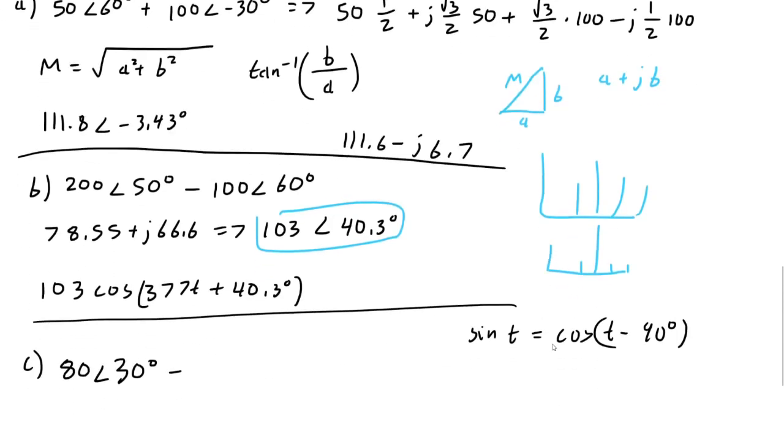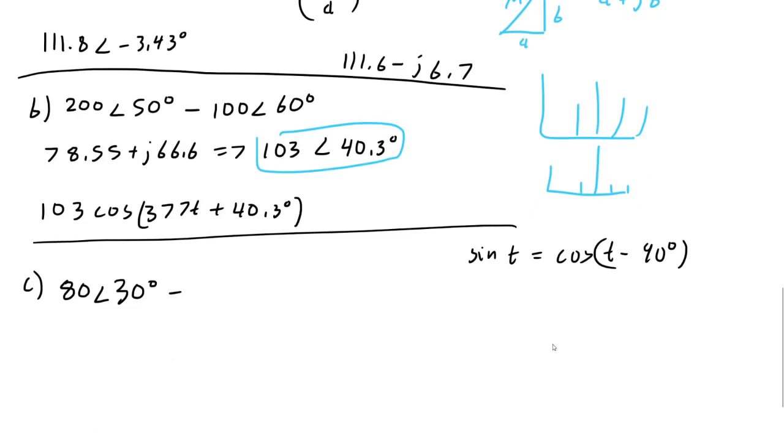So minus 225 is our phase angle. And the last one is 50 and a phase angle of minus 90.